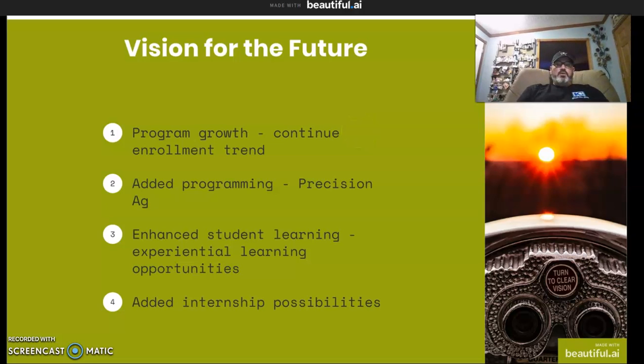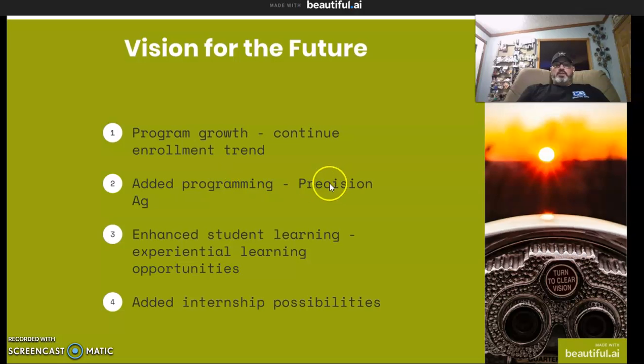Agriculture boasts one of the most exciting and diverse and needy, most job openings that there are out there. In fact, Purdue University generally publishes a study every year that talks about a 30,000 graduate shortage in agriculture programs from the four-year level. And so that need trickles down to the community college level as well.